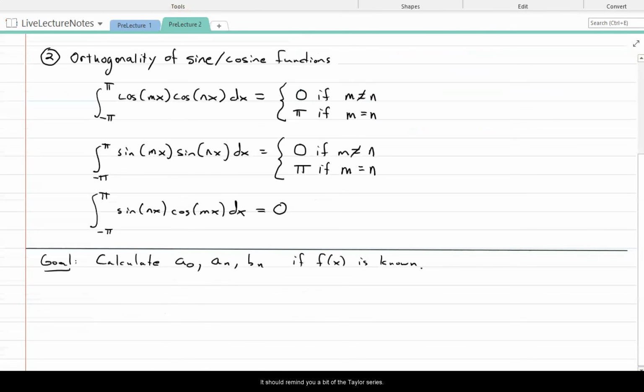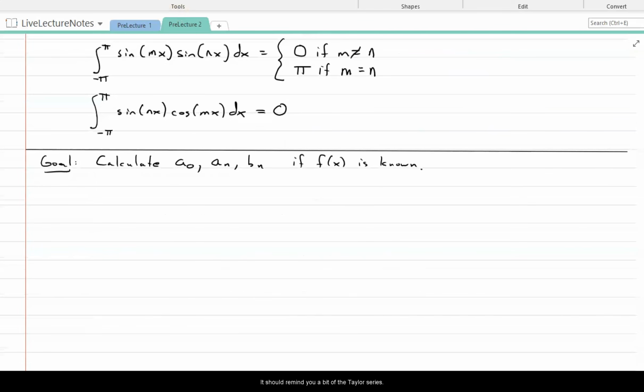This should remind you a bit of the Taylor series. So let me just put here a side note. The Taylor series, remember, is a different series.